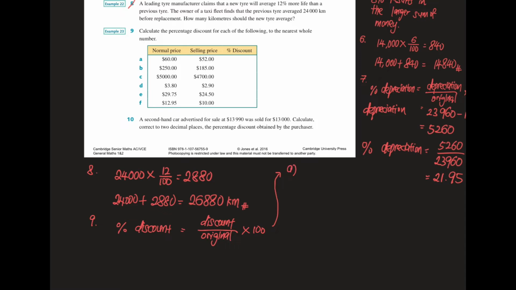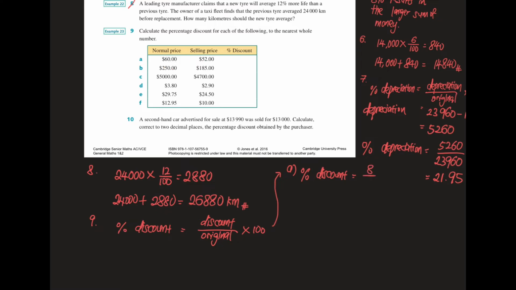So because of that, let's continue A here. We know that $60 is the normal price, selling price is 52. So there is a difference of $8.